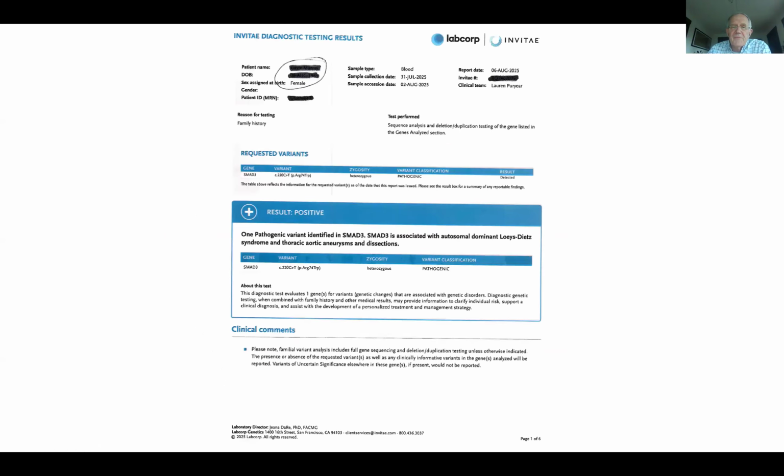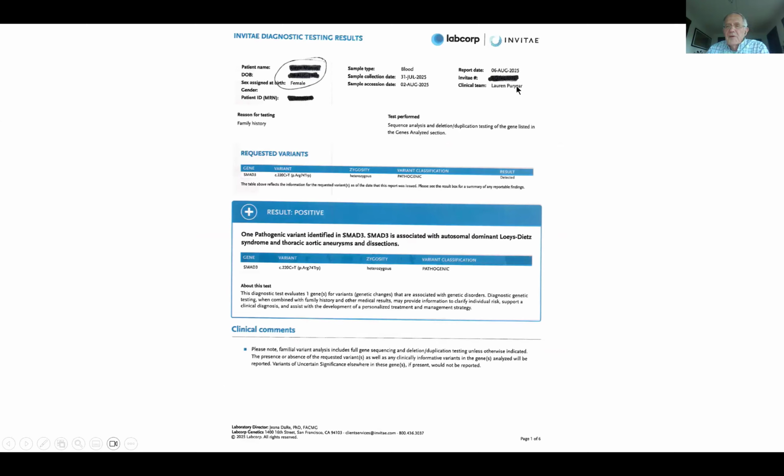So if we go back now, you can see this is from Invitae. So here's the lab. It's now LabCorp Invitae. It started out as Invitae. It's a woman. We've blacked out the identification information and blacked out the number.